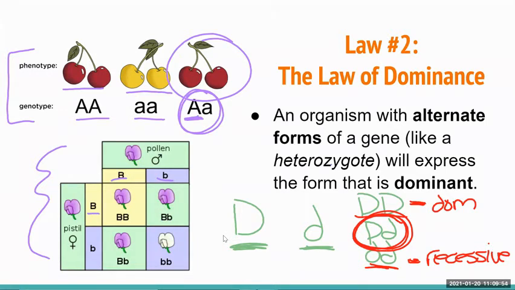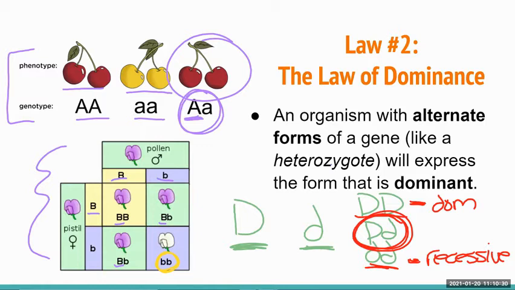So you might notice that every single time we have a big B, a dominant allele, we have a purple flower every time. The only time we see anything that's not purple is when we have two small recessive alleles. The only time we can see the recessive trait is if there is no dominant trait masking it. And that's the law of dominance.